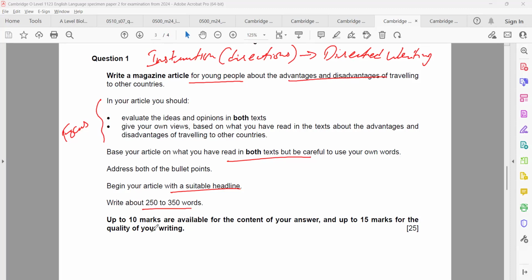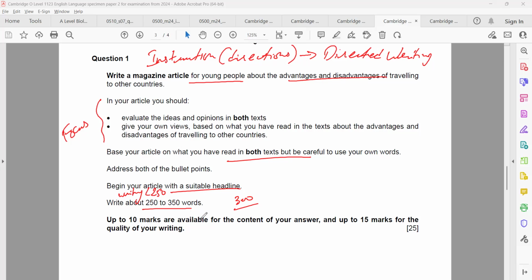The word limit is 250 to 350. You do not want to be under the limit. Your writing should not be less than 250, and you want to be somewhere around 300.